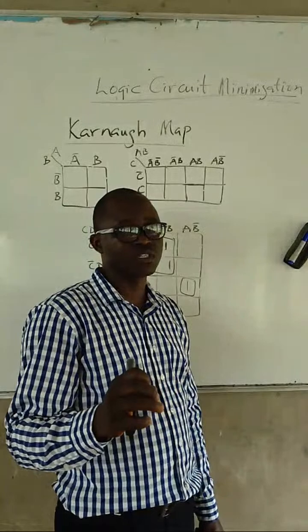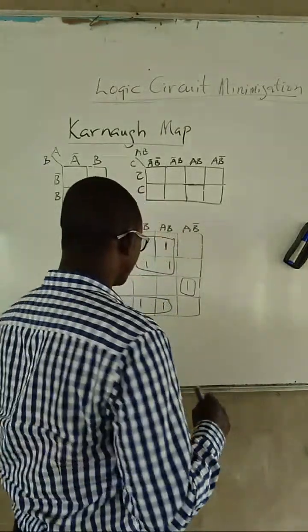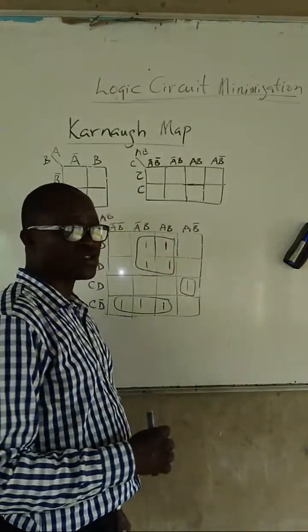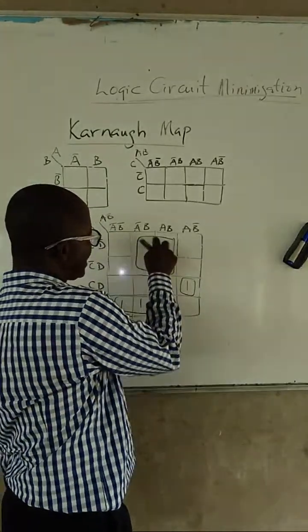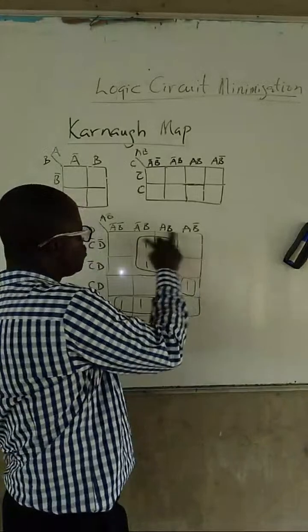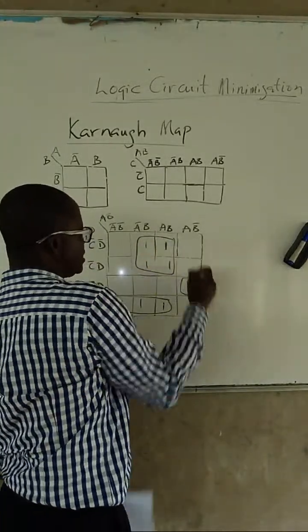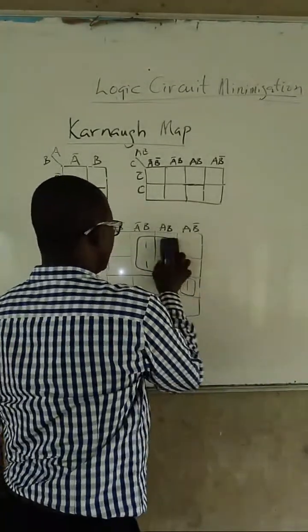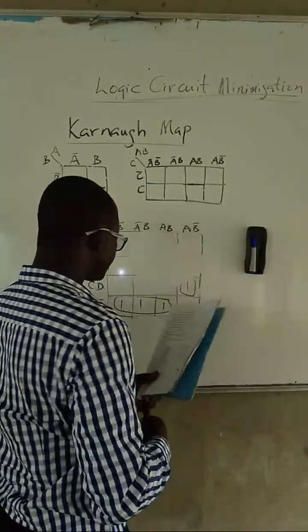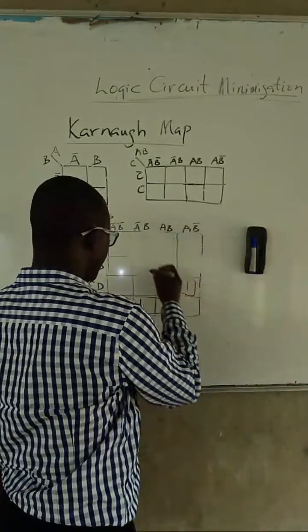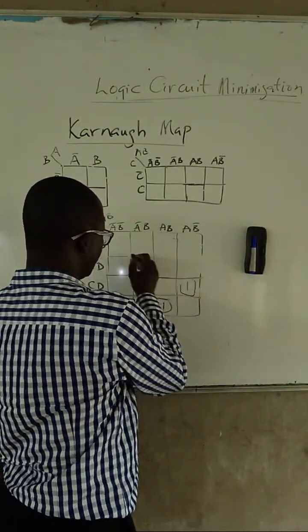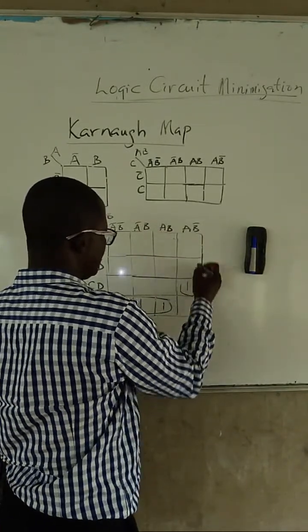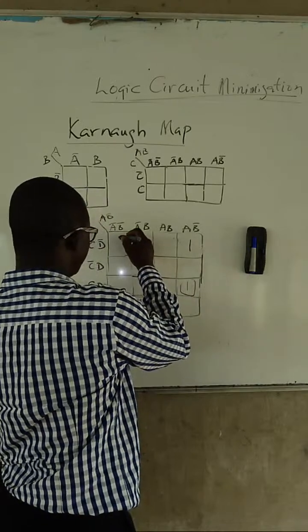But you must, by experience, know how to circle them. Sometimes one can be at the extreme here, another one at the extreme here, when there's no other thing in between. The 2 extremes can be mapped together. This is what I mean. Let us say there is nothing here. We have the Karnaugh map like this. You have one at this extreme, another one at this extreme.